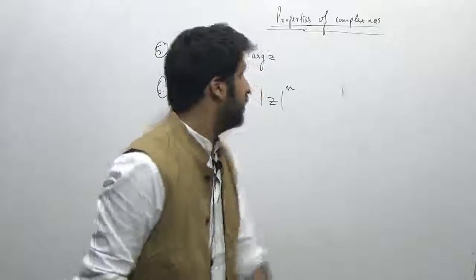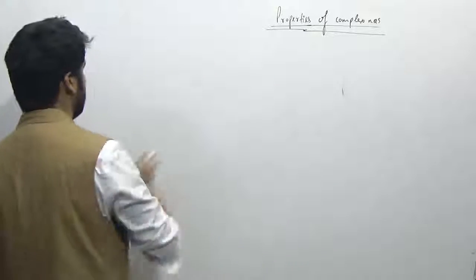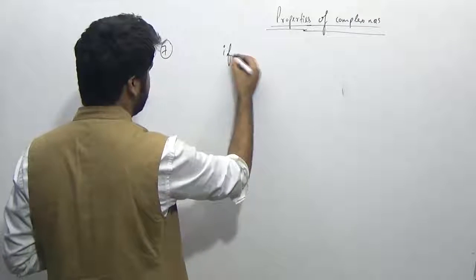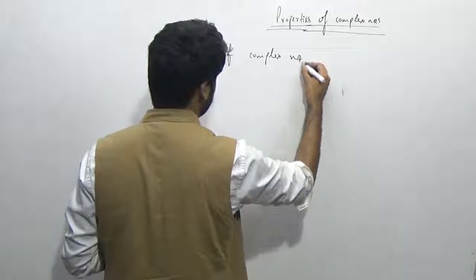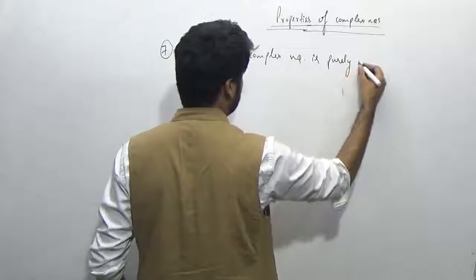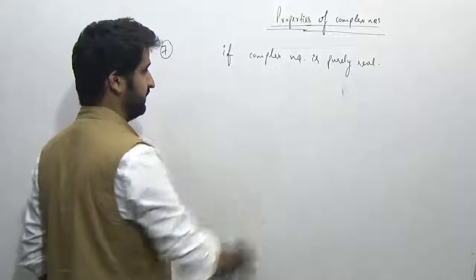So now let's see another application. Another property is if the complex number is purely real. What happens if the complex number we know is purely real?